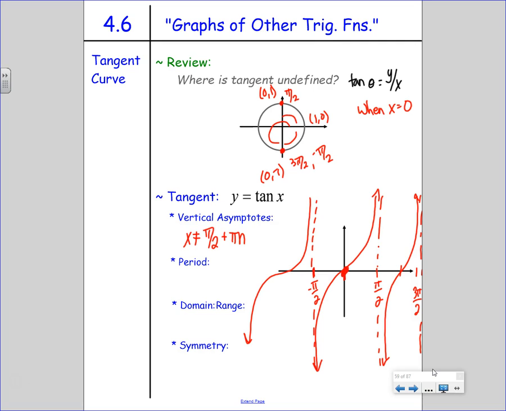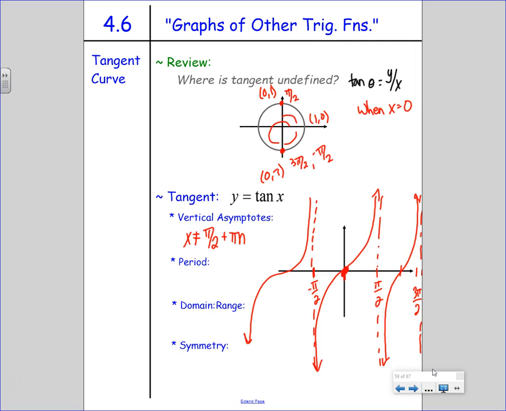Now tangent has its vertical asymptotes at pi over 2, starting there, and then every measure of pi away from that. Now, I've made my tick marks 1/2 pi, so I'm going to have to go 2 tick marks to get to another vertical asymptote. You can keep on doing that. Without any transformations, vertical asymptotes will happen at pi over 2 plus pi n.